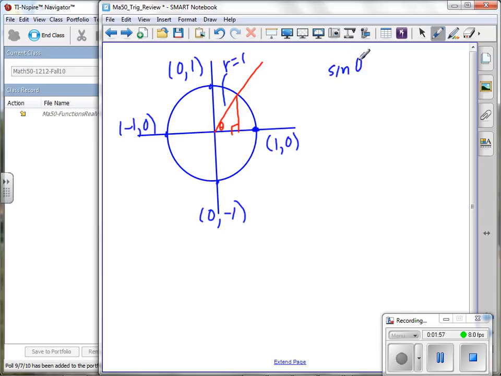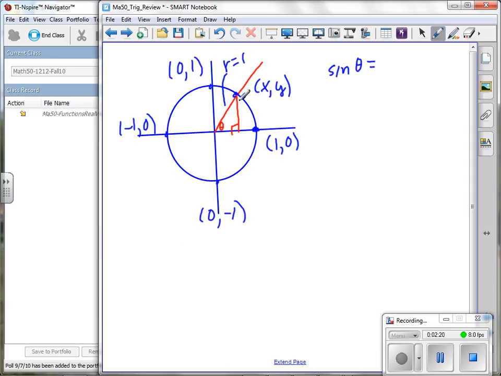We also, though, know that if we're looking at angle theta and we are talking about the sine of angle theta, we're talking about the opposite side divided by the hypotenuse. Now, the opposite side in an xy coordinate plane, any point on the coordinate plane has coordinates of x and y. You know that, okay?